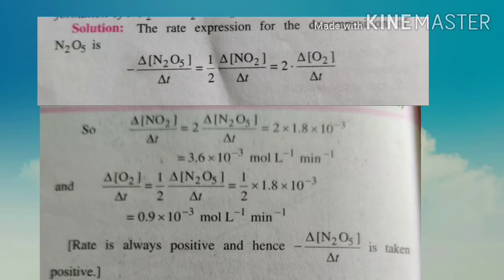Time is given in minutes, so you write in minute. Now delta O2/delta t is equal to 1/2 delta N2O5/delta t, which is equal to half of 1.8 × 10^-3, so it is equal to 0.9 × 10^-3 mol per liter per minute. Rate is always positive, so -delta N2O5/delta t is taken with the positive.